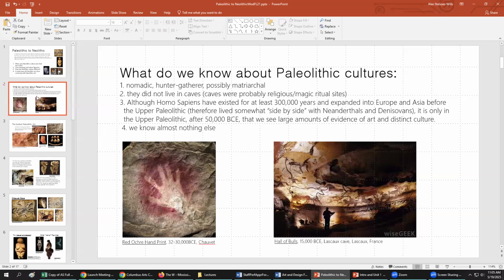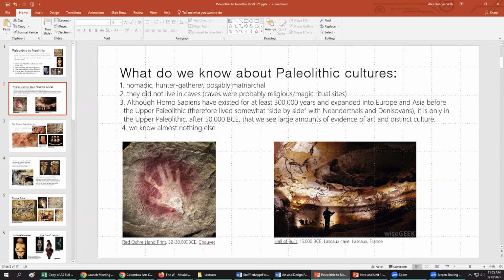In fact, there are probably hundreds of thousands or millions of cultures that have existed in this vast time period, and we only get little snapshots of some of them. Okay, so that's our first caveat.